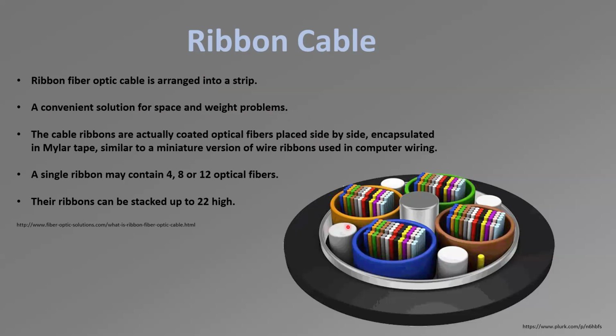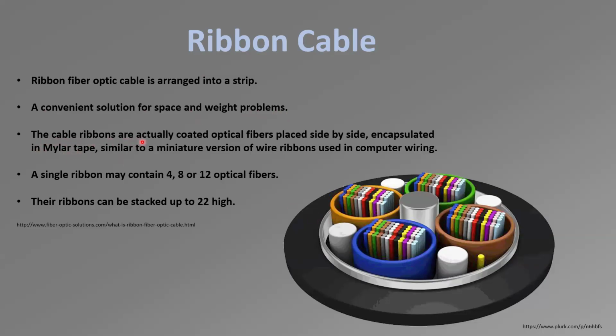In one cable, you need all the protection that goes around it, and that weighs a lot. So you can have fewer cables for the same amount of fiber optic strands if you pack them in this organized way and make ribbons. A convenient solution for space and weight problems.